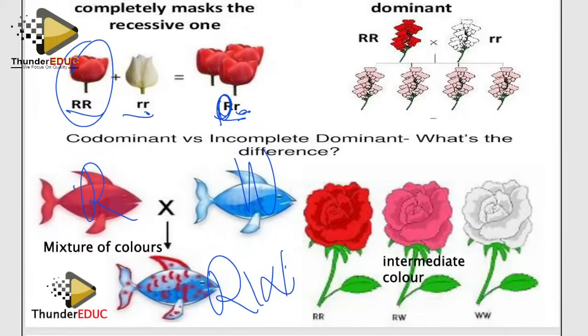But the only thing which helps us to know is the phenotype. When you produce a mixture of the two colors, then it becomes codominance, which means together. The two colors are existing at the same time.